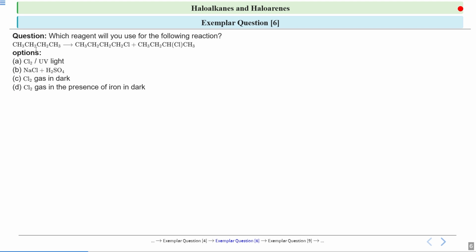You have to tell which reagent you have to use for this reaction. The options are chlorine along with UV light, sodium chloride plus sulfuric acid, chlorine gas in dark conditions, or chlorine gas in the presence of iron in dark conditions. You have to tell which is the suitable reagent for the given reaction.